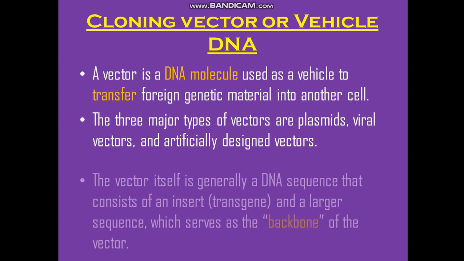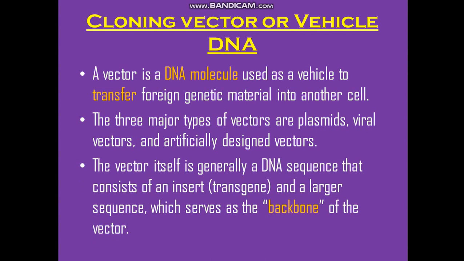Clear? So the vector itself is generally a DNA sequence that consists of an insert, the transgene. Insert can also be called transgene. So there are now many terms for the DNA of interest which we isolated yesterday: the DNA insert, the DNA of interest, the transgene. And a larger sequence which serves as the backbone of the vector.